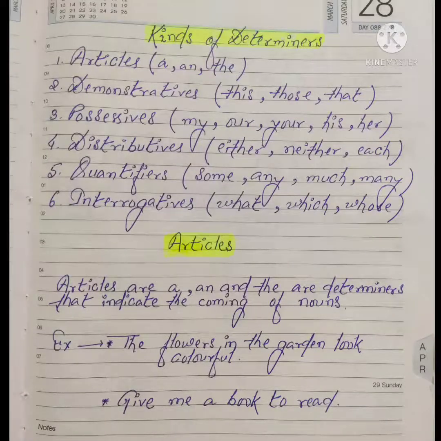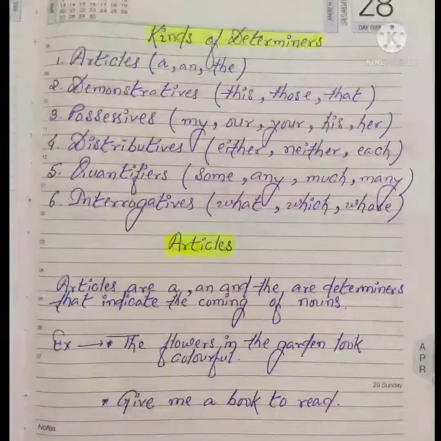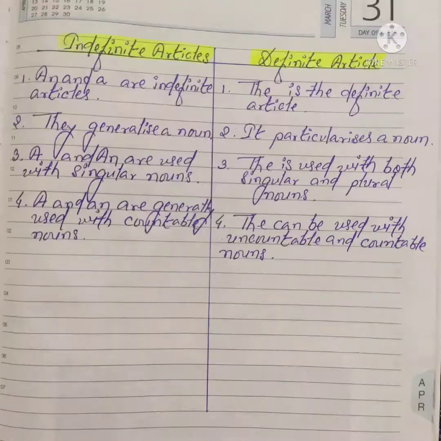Here you can see that in the first example, the comes before a noun. Even in the second example, a is being used before a noun. So whenever we use any of the six determiners, we always have to write it before nouns.